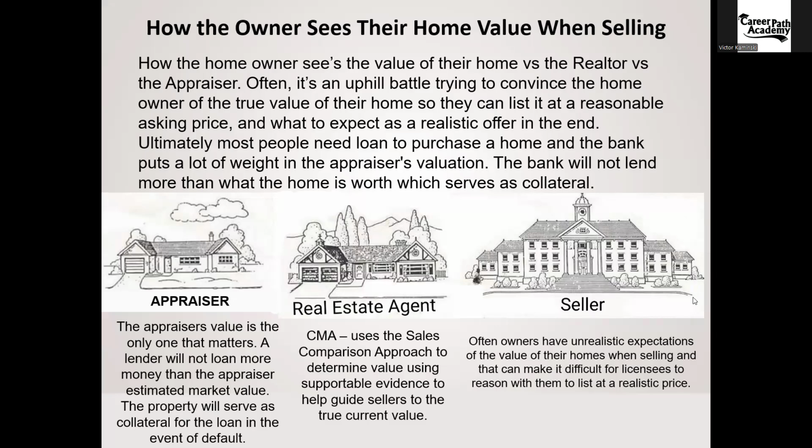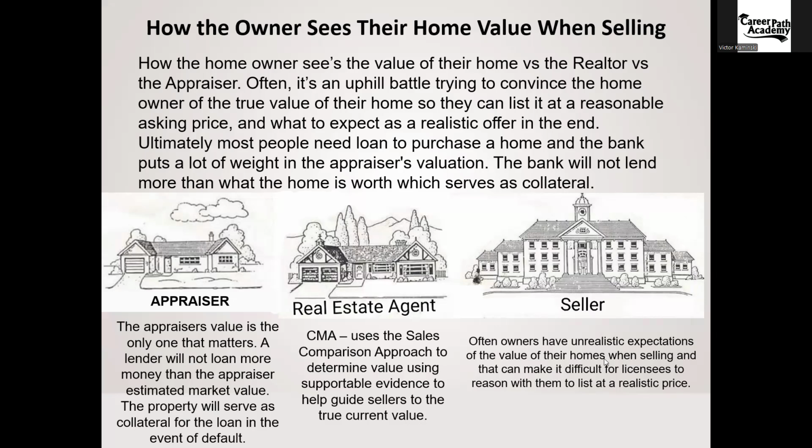Continuing chapter 16 here. How the owner sees their home, how they see their home value when selling. Remember, I told you that the appraiser is important because that house is going to serve as collateral for the loan. Real estate agents, we help value homes by doing a CMA, using supportable evidence to help guide sellers to the true current value of their home.